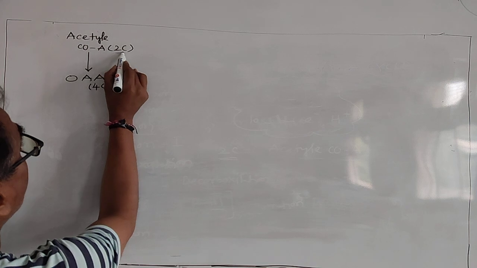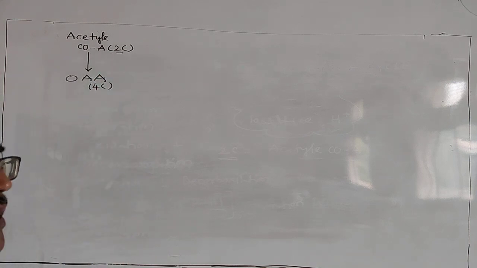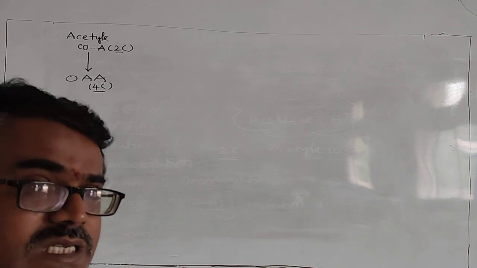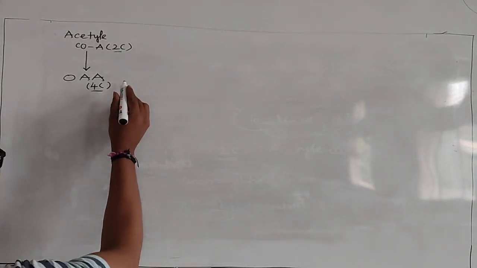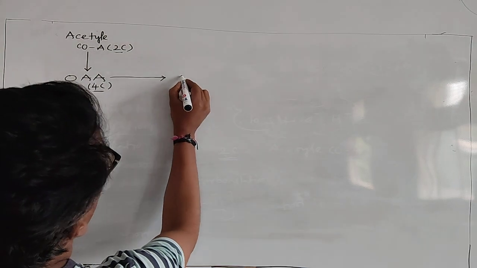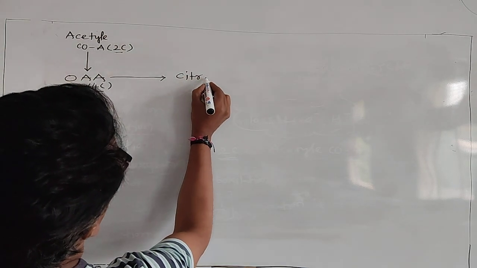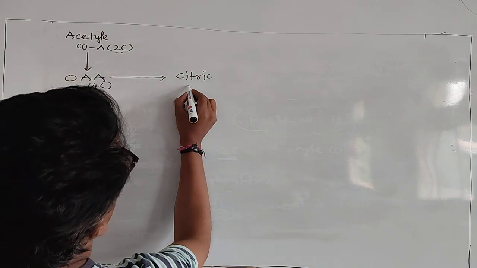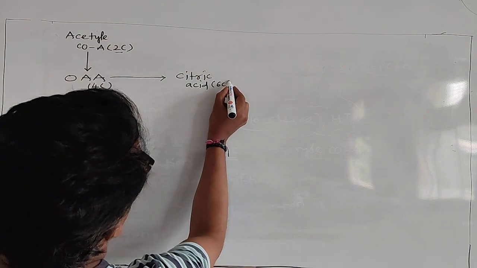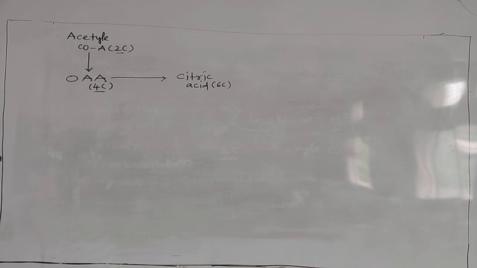Oxaloacetic acid is a 4 carbon compound, a very important carbon number. This 2 carbon compound acetyl coenzyme A condenses with the 4 carbon compound oxaloacetic acid, finally resulting in the formation of citric acid, a 6 carbon compound.